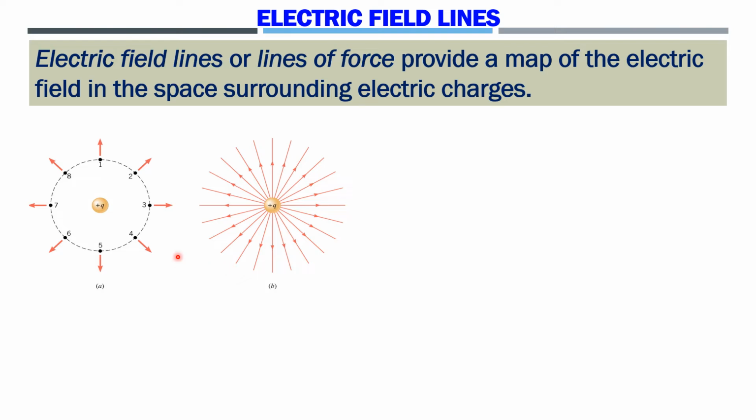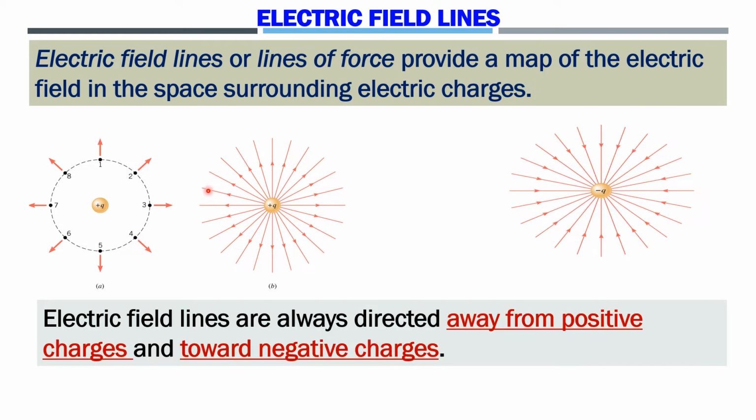So for example, here we have a center charge positive Q, and we can imagine that at any given point, distance r away from the center charge, we can imagine lines of force. Of course, the number of lines of force depends on the amount of charge of the center charge. So the greater the charge, the more lines of force that we can imagine.